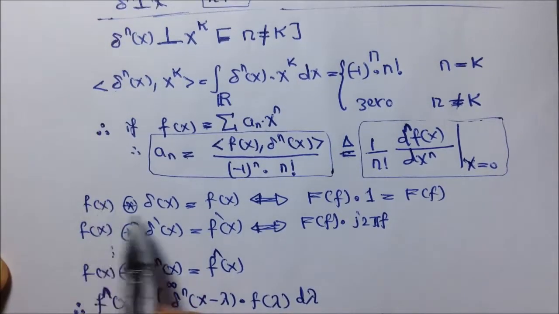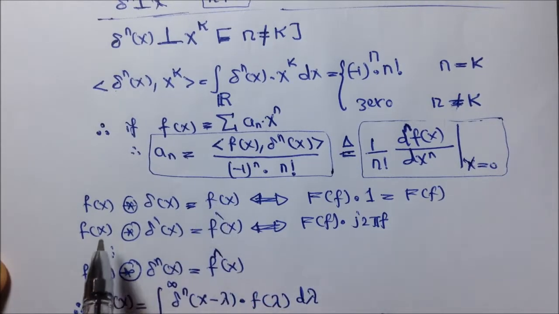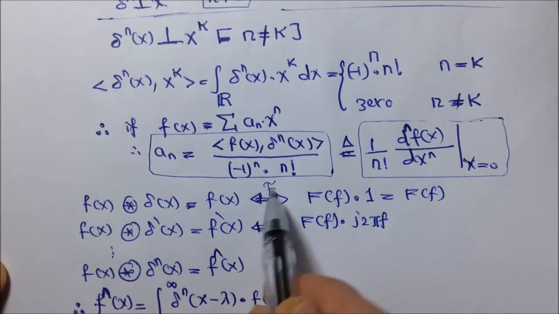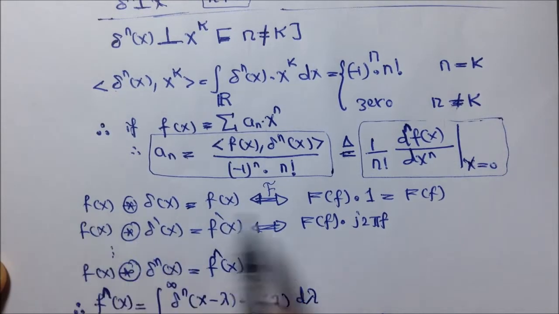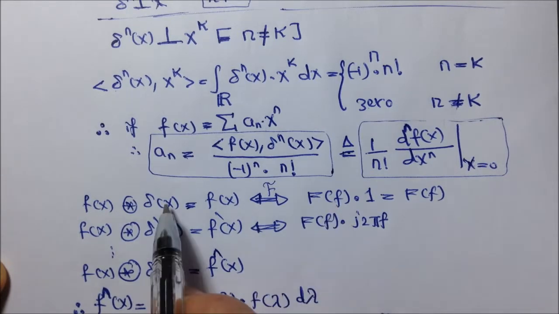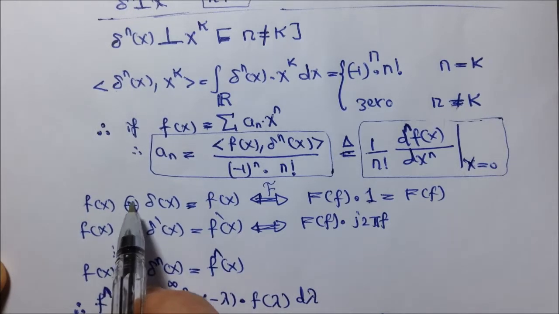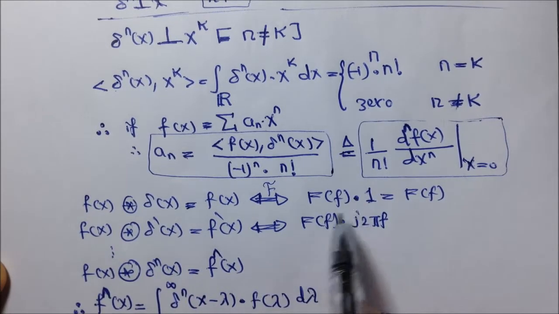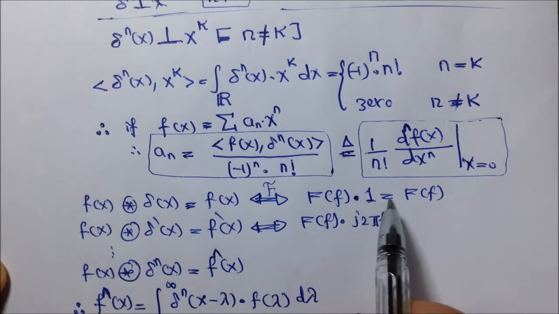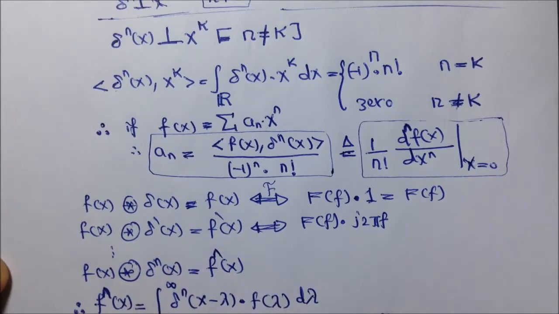By convolving f of x with delta of x, this will give you f of x again, because taking the Fourier transform of this equation, f of x has a transform F of f, and delta of x has transform 1, and convolution will be substituted by a dot product, then F of f times 1 is F of f again, so the result of convolution is f of x.